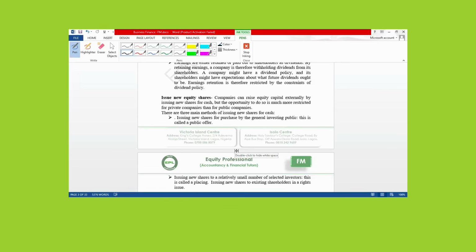This is called public offer. The public offer is issuing new shares for purchase to the general public.